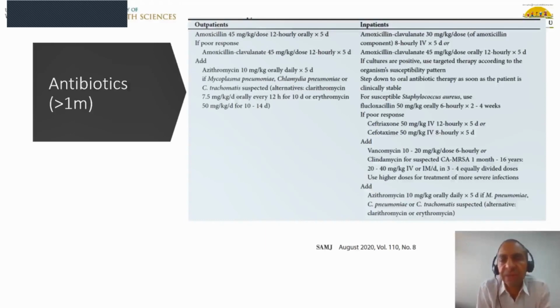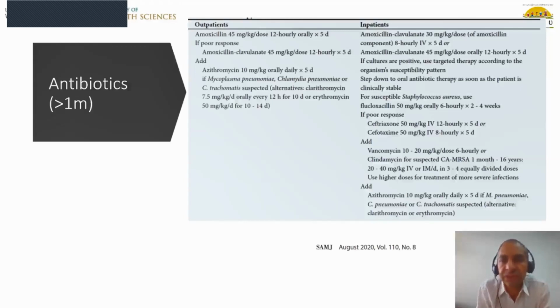The dose here is high dose amoxicillin as part of the amoxicillin clavulanate, and then transition to 12-hourly amoxicillin clavulanate orally. Again, if cultures allow for targeted therapy, that would be appropriate.